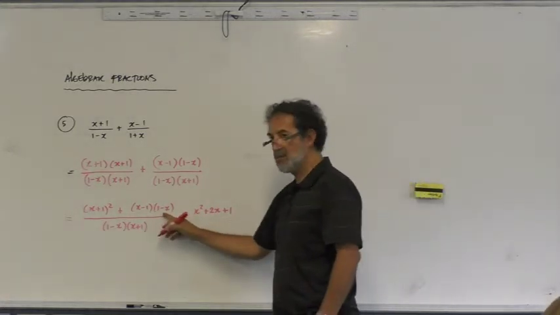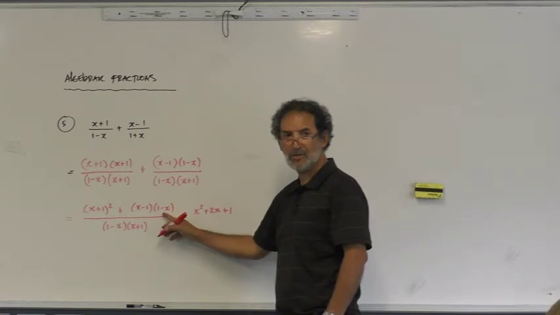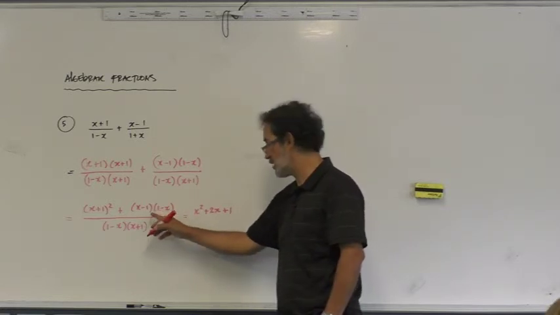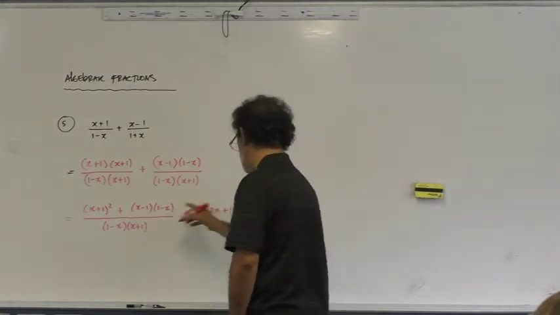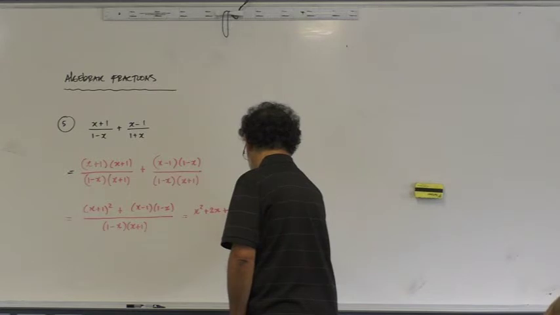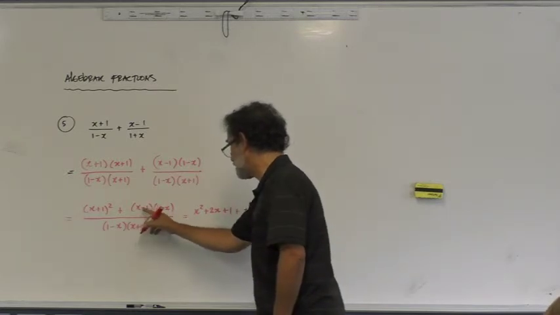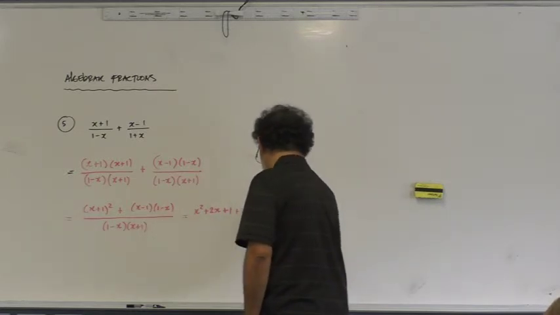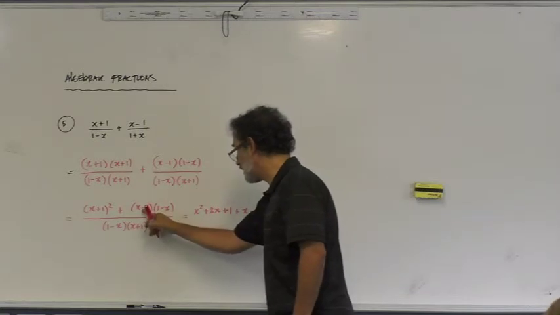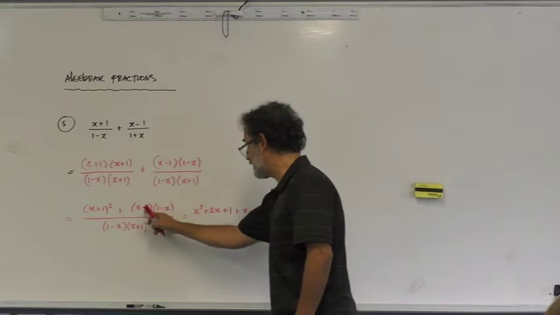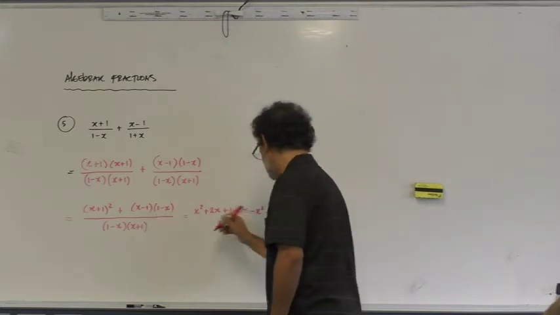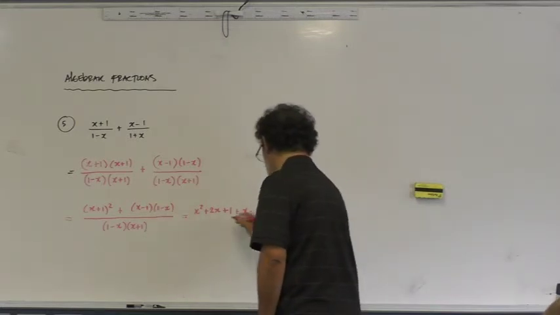And then for this one, we're going to have to use something that we call FOIL. So you're going to have to expand it. So we do x times 1 is x, and then x times negative x is minus x squared, and then negative 1 times positive 1 is negative 1, and finally negative 1 times negative x is positive x.